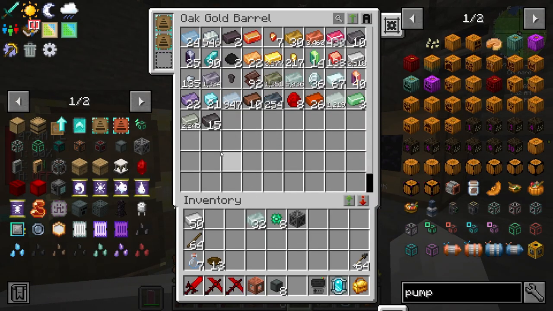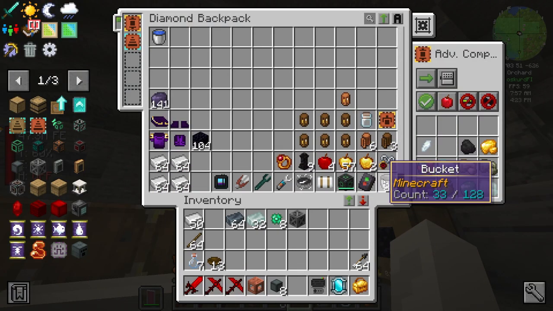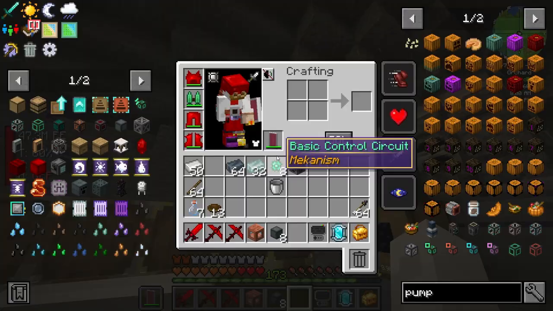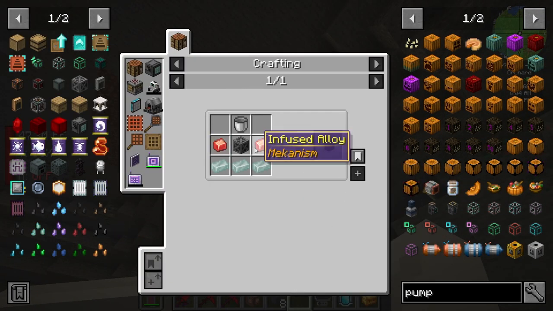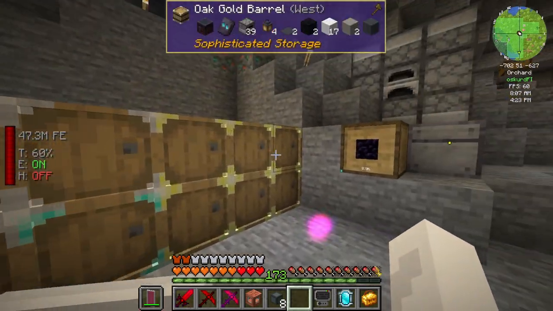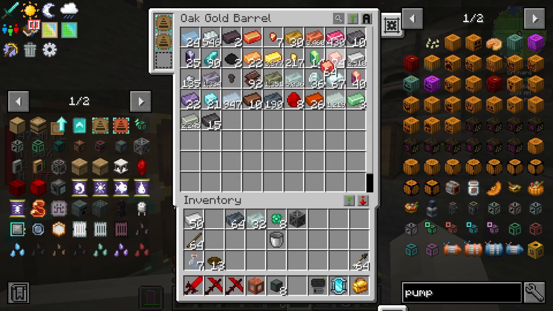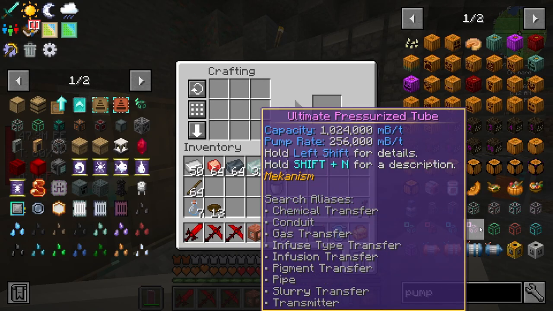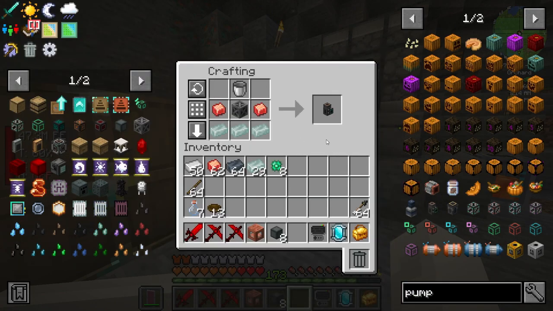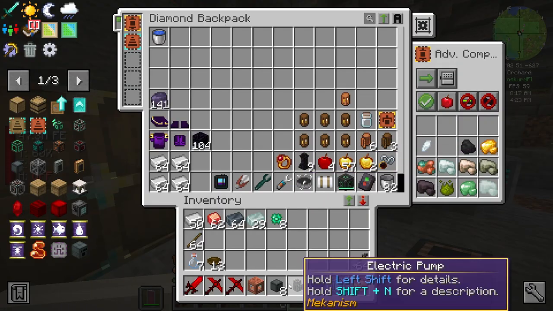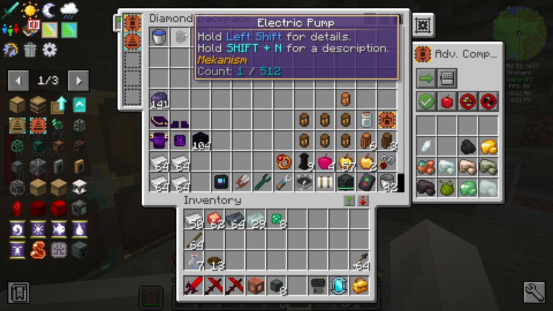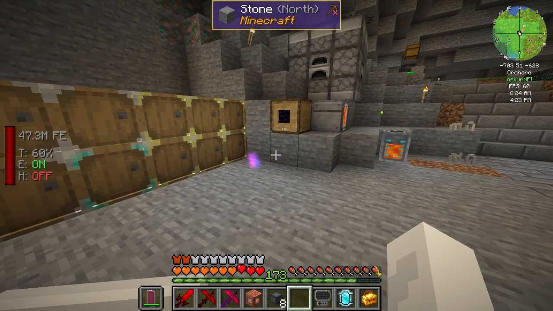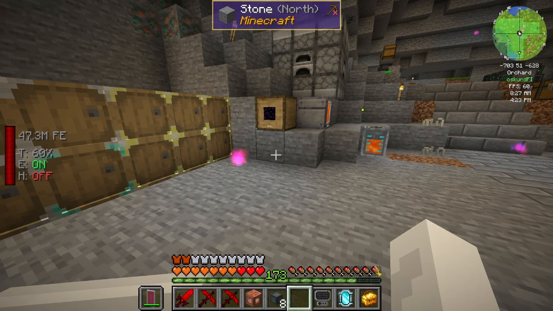Osmium, probably steel, and then bucket of water, or empty bucket actually. Oh, it was infused alloy that we have here. There's our pump, so now we have water pumping into our tower, and now we need to build those towers.